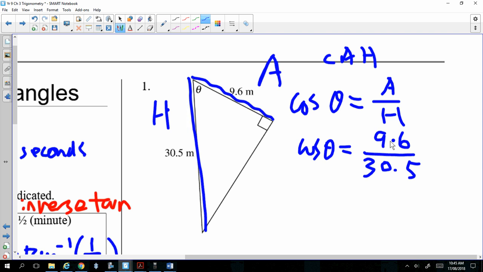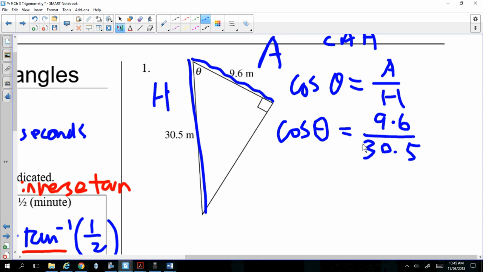I wrote down cos theta equals adjacent, 9.6 over 30.5. Keep it like that, and then you do shift cos. Remember, to find the angle, we do the inverse cos.